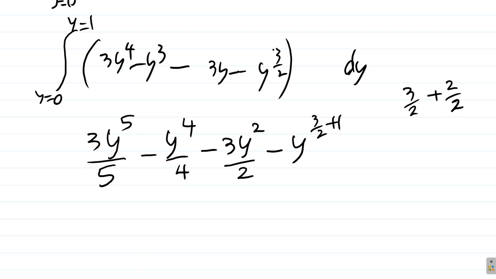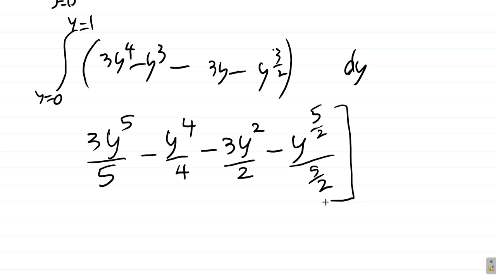So it's 5 over 2. Alright? To the 5 over 2 divided by 5 over 2. Alright? And the boundaries are from 0 to 1. Okay?